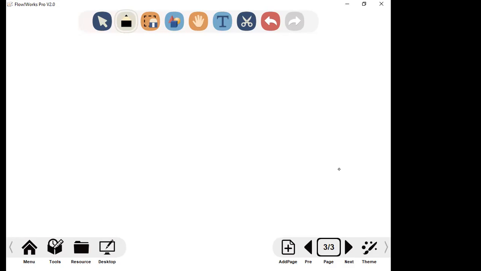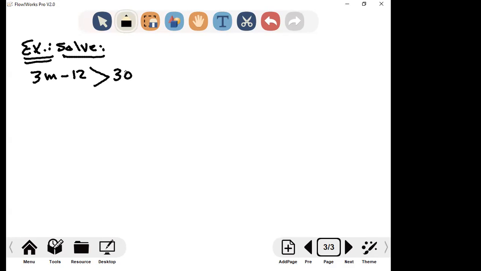For example, solve the inequality 3m minus 12 more than 30. 3m minus 12 more than 30. This is what we call two-step.